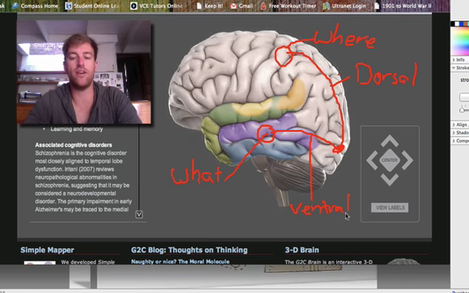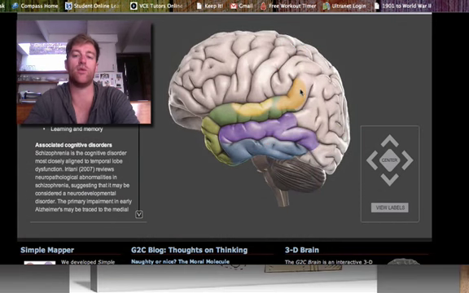So the dorsal and the ventral. The reason I'm showing you this is because the temporal lobe is associated with vision in a small way. It gives it the what. And as I said before, it's really highly associated with memory and language.